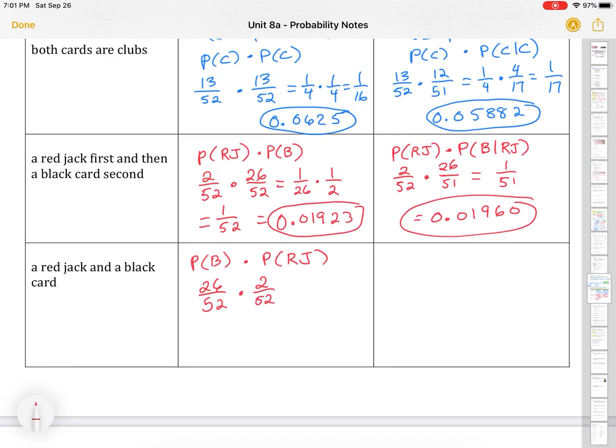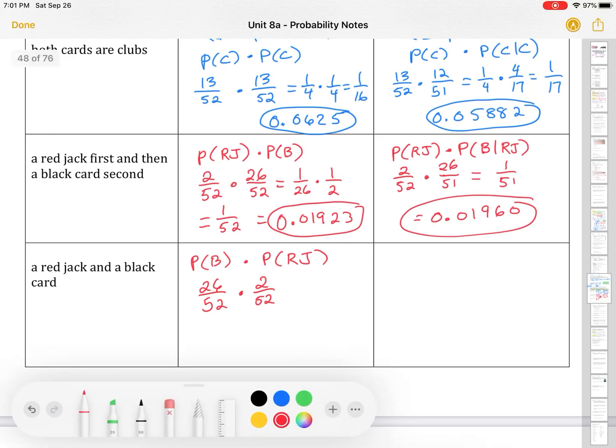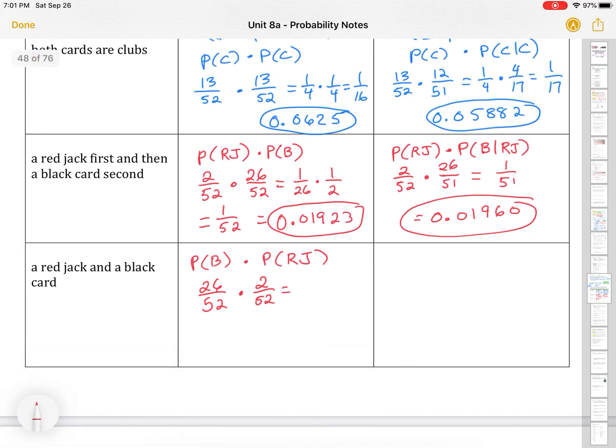So first of all, we're replacing the card. The first probability of black is 26 out of 52. Now we replace the card, so it's still 2 out of 52. The thing is that this is one case, right?